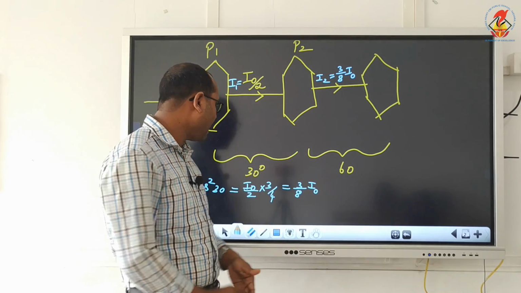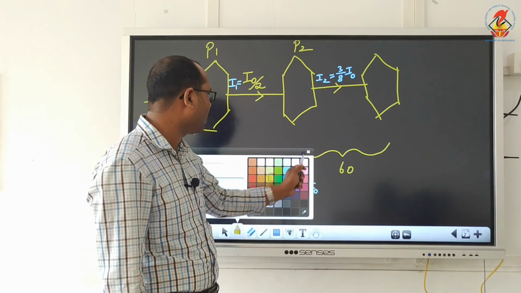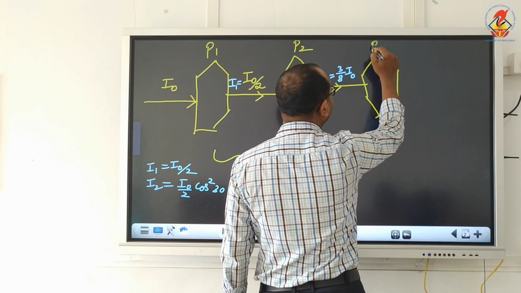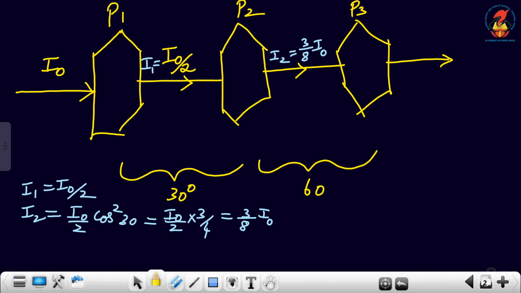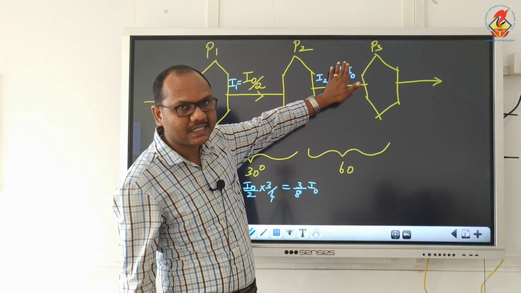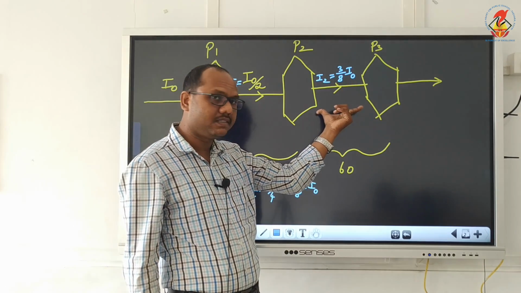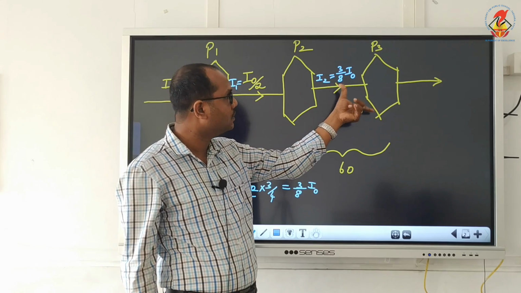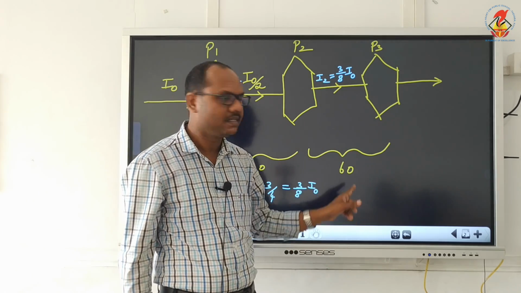Now, the light is coming through the third polarizer, that is P3. When I consider the light passing through the third polarizer, I will take this as the intensity and the angle between these two, P2 and P3, as 60 degrees.